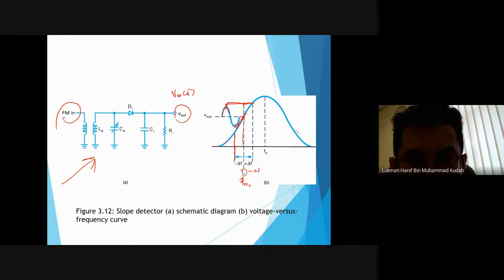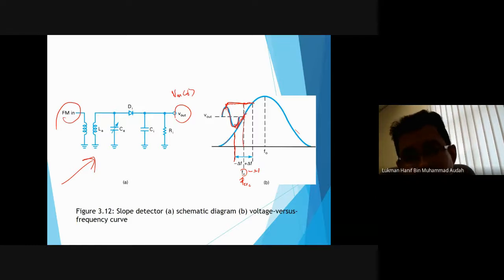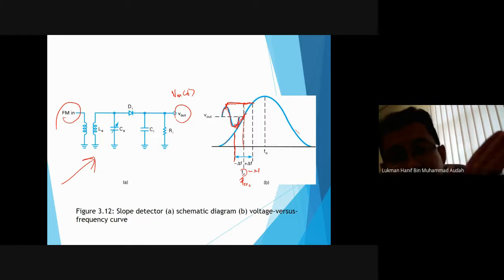Perubahan frekuensi itu akan menghasilkan perubahan voltage pada output. Okay, so maknanya dia akan keep track the changes of the IF center frequency. Okay, so kalau perubahan frekuensi semakin besar, maknanya output voltage will become bigger.